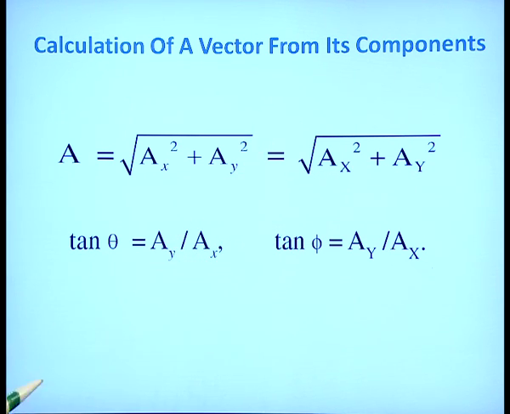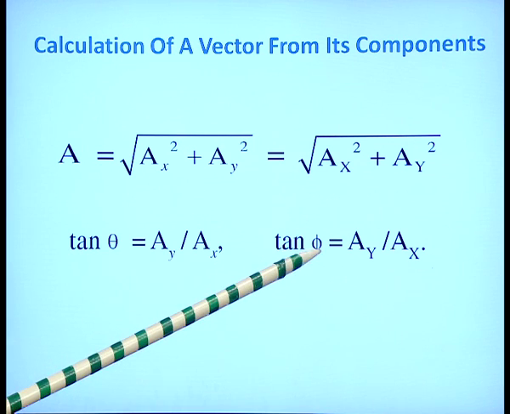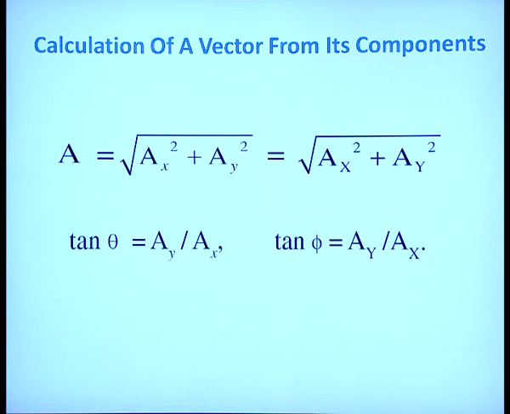So, the components of a given vector change when we change the coordinate axes. Now, tan theta equals Ay by Ax and tan phi equals Ay by Ax. This gives the magnitude of the vector, and this gives the direction of the vector. From this you can find theta equals tan inverse Ay by Ax, the angle between the vector and the x axis.